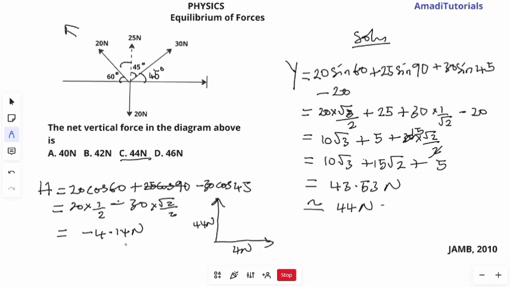So if you take the question further and say find the resultant of all this, let's find that one singular force or vector that will give the same effect as all these ones acting together. Then we are going to draw the hypotenuse there to the right angle triangle we formed, and then find R. And you know R will be equals to square root of 44 squared, that's using Pythagoras theorem, plus 4 squared.